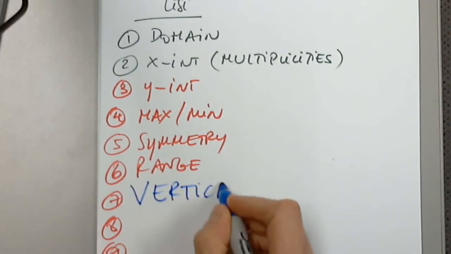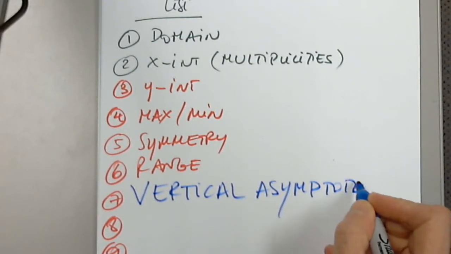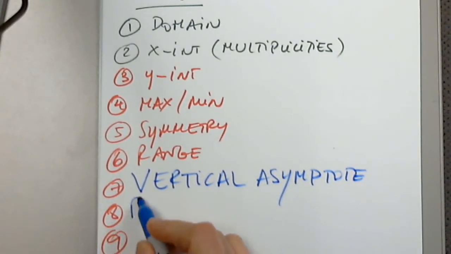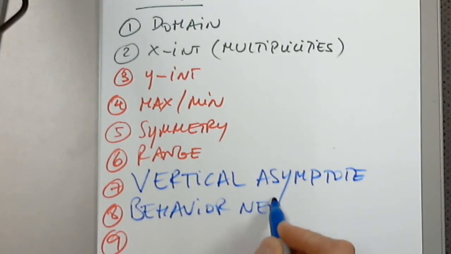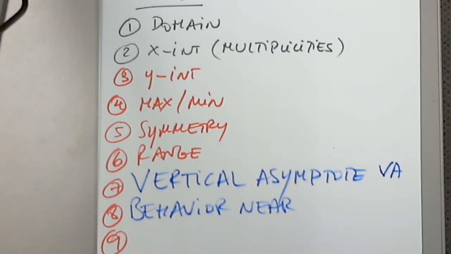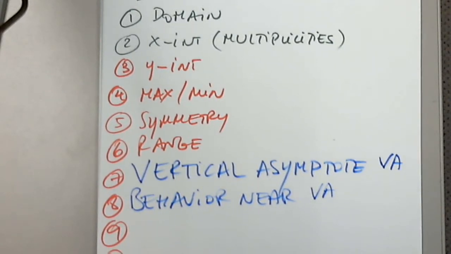Number 7, vertical asymptote or asymptotes. Number 8, behavior near, I'm going to call the vertical asymptote VA, behavior near VA or VAs.